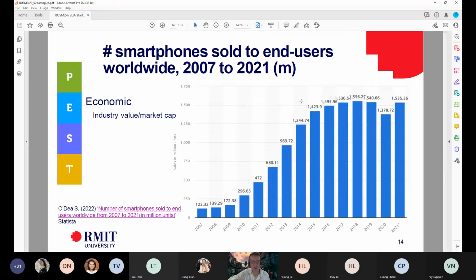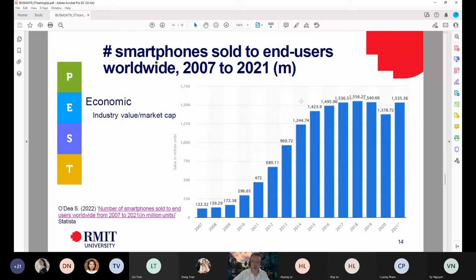Of course, that's when they're being introduced. From 2018 onwards, we're seeing maturity or decline. So I've got hard economic data here that basically tells me that smartphones have entered the maturity stage. It's not a guess. Here are the numbers.